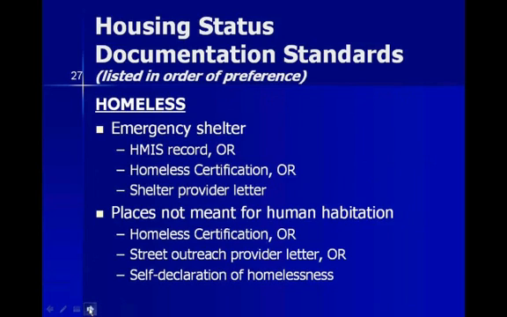But HUD also recognizes that in many cases, particularly persons who are not sheltered, who are living outdoors for whatever reason, may not be engaged with anyone. There may not be any third party who could verify that. And in that case, a self-declaration of the homelessness of that person would be acceptable for the file.